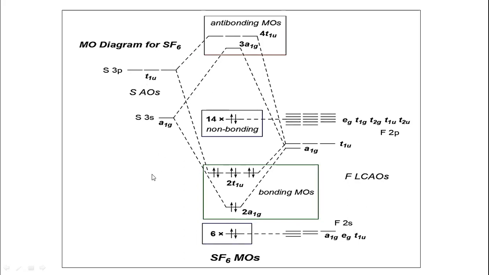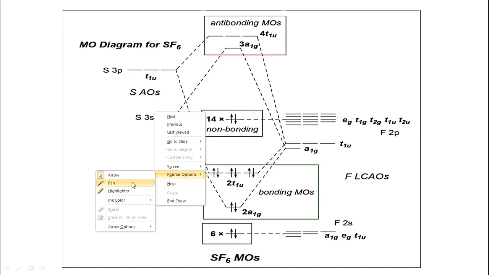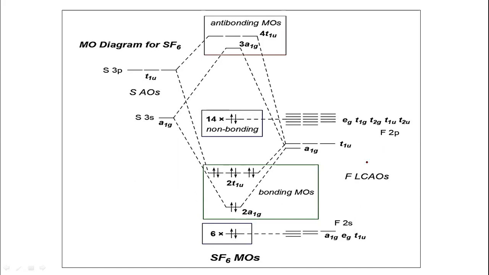See, on the left hand side are the atomic orbitals of the sulfur atom, the 3s orbital and 3p orbitals. You can see the atomic orbitals of sulfur have a higher energy level because sulfur is less electronegative. Fluorine is highly electronegative, so the atomic orbitals of fluorine are at a very low energy level. All the group orbitals are represented here.